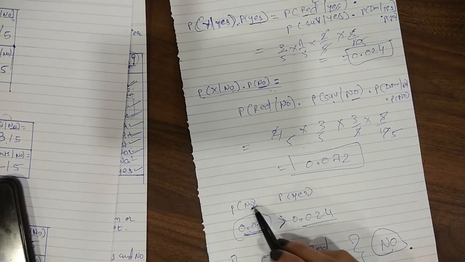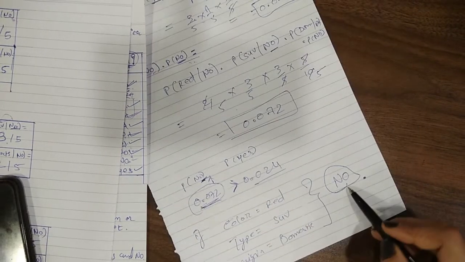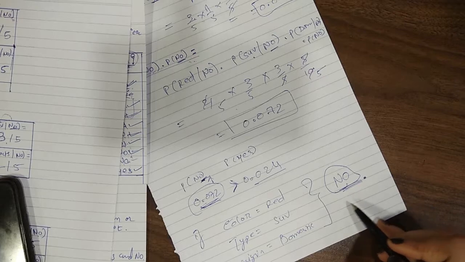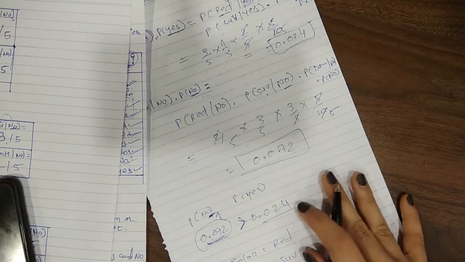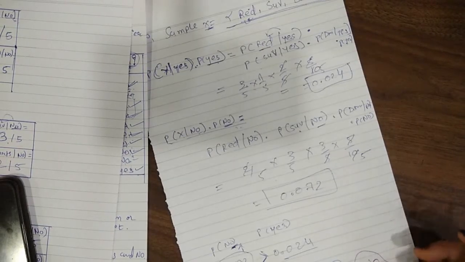Here the higher probability is for no, so that is why the label is no. So that is how we can calculate this example using the Naive Bayes classifier, or classify our data with the Naive Bayes classifier. So that's it about it.